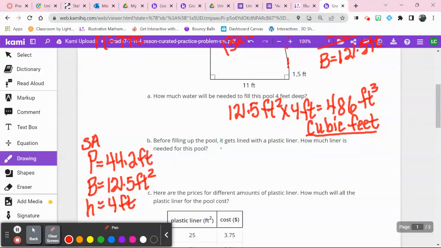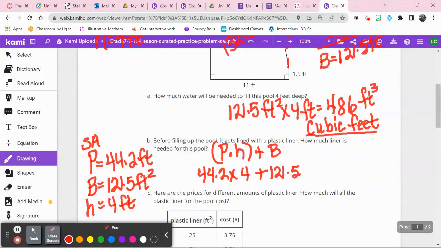Now I'm going to use that formula that was perimeter times height plus the base. That's it. I'm not going to do base times 2 because I don't have a top of my pool. So perimeter is 44.2 times the height, which is 4. And then I'm going to add 121.5 to that.